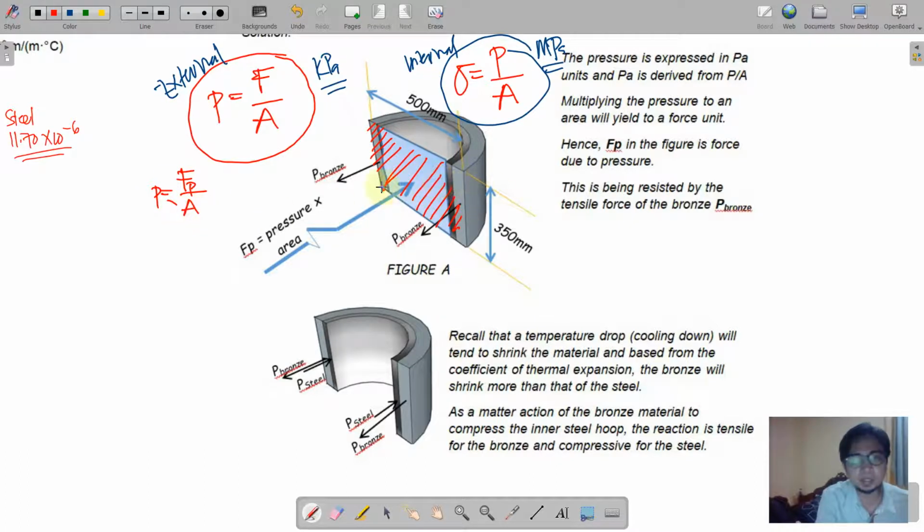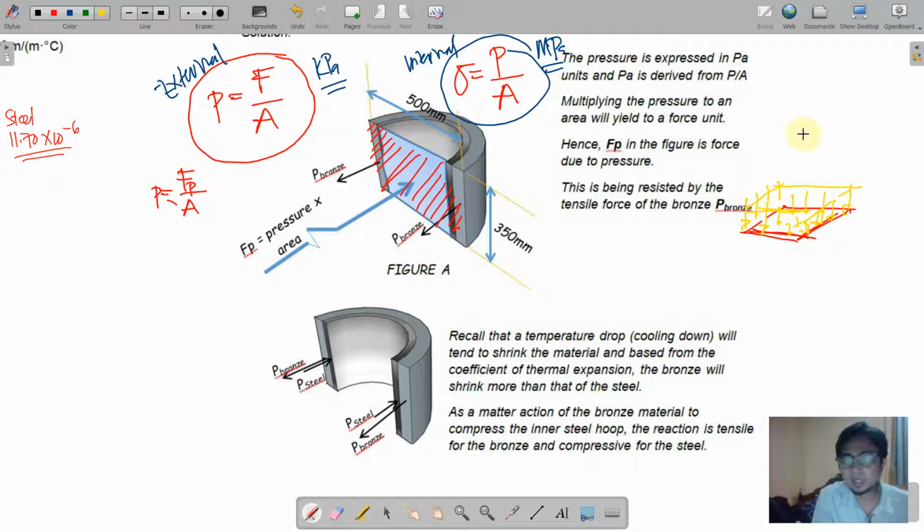Ibig sabihin lang kasi niyan, kung ito yung ating surface and then subjected to a certain pressure, no? May pressure yan. So, meaning, lahat nitong point load na ito is distributed all over the area, no?